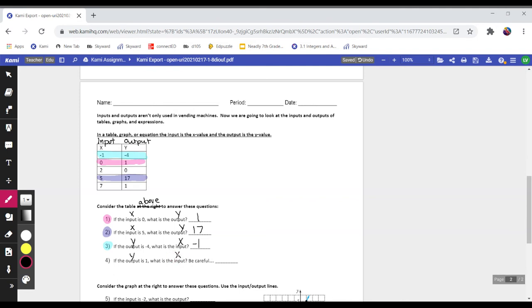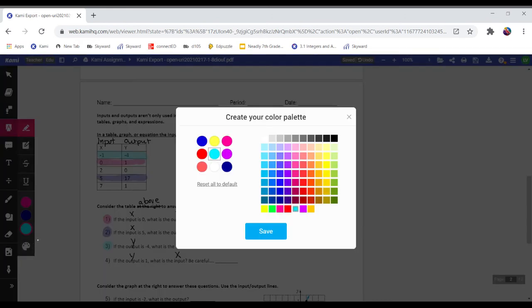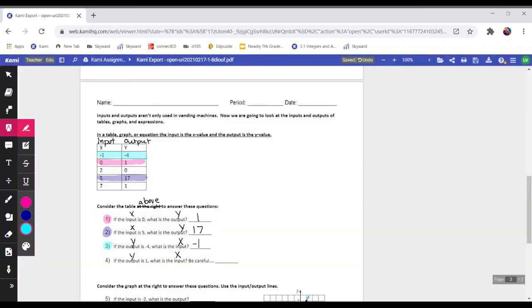What is my X? Output is 1. Well, that means my Y value is 1. Oh, my 1's down at the bottom. So that means that 7 is going to be my input.